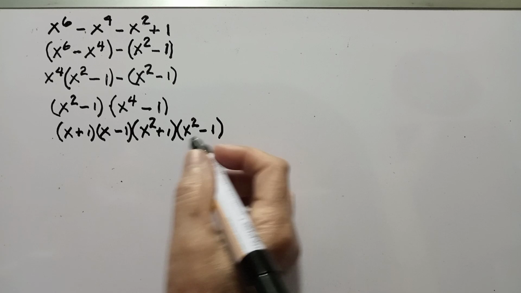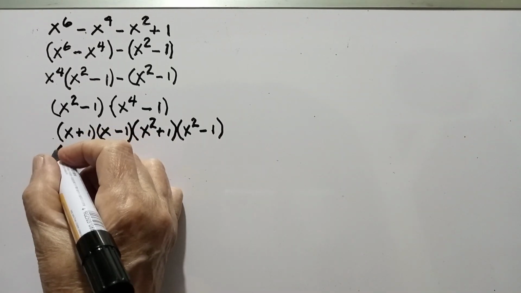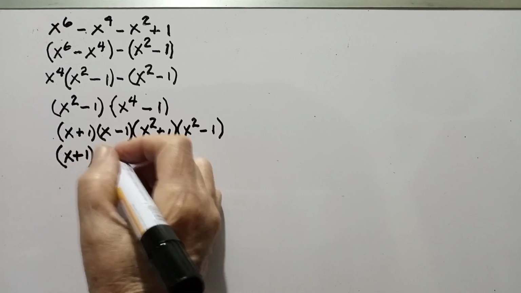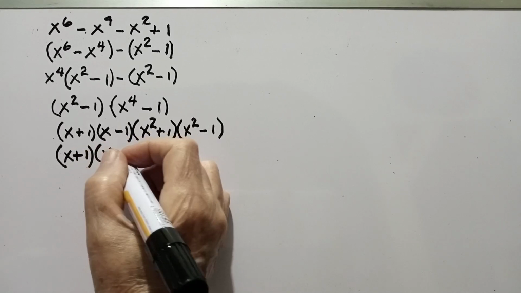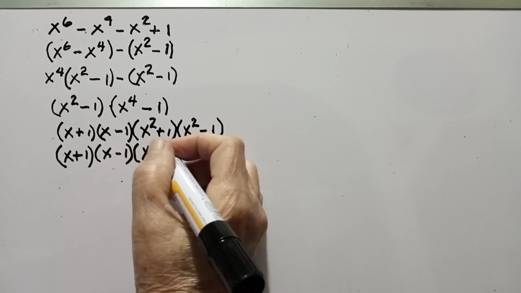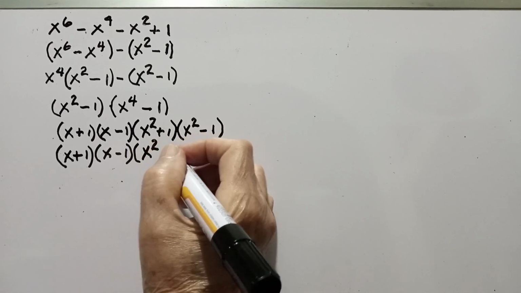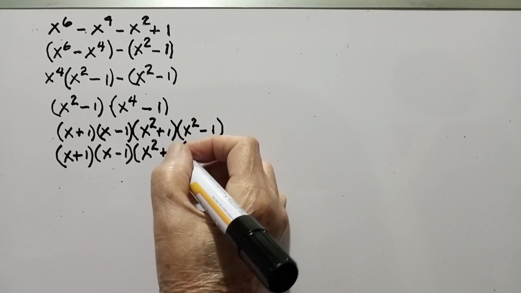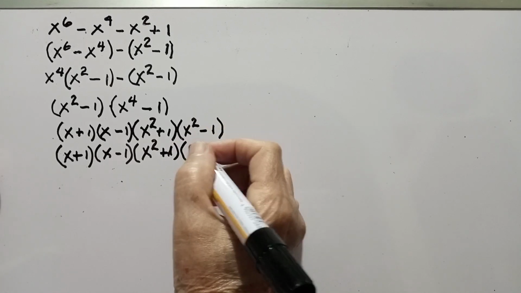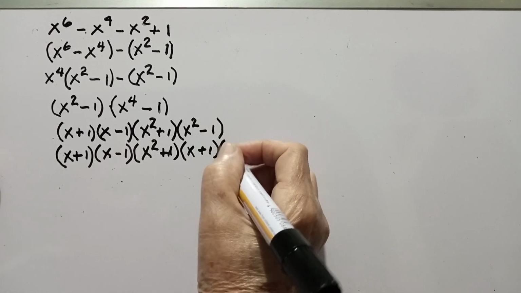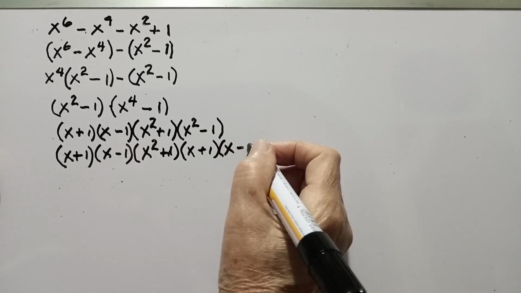This can be factored again. So we will have x plus 1 times x minus 1 times x squared plus 1 times, the factors of this are x plus 1 times x minus 1.